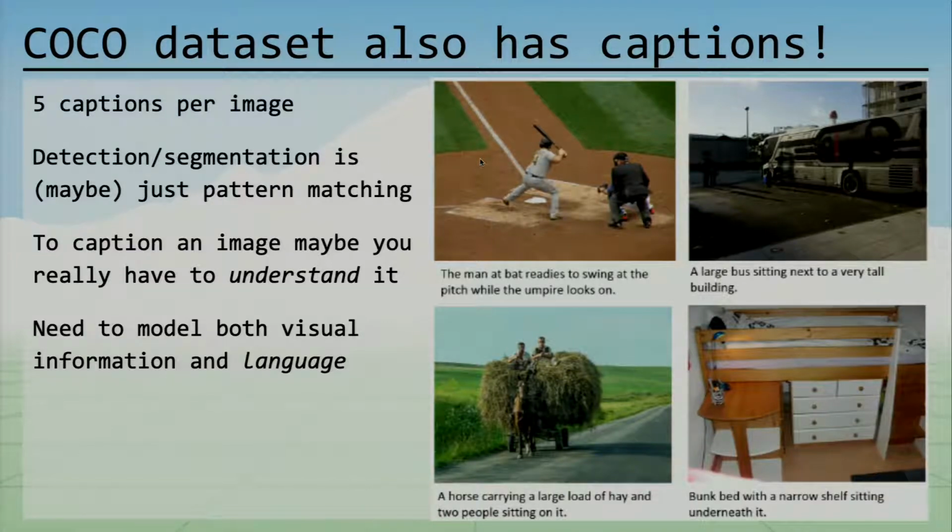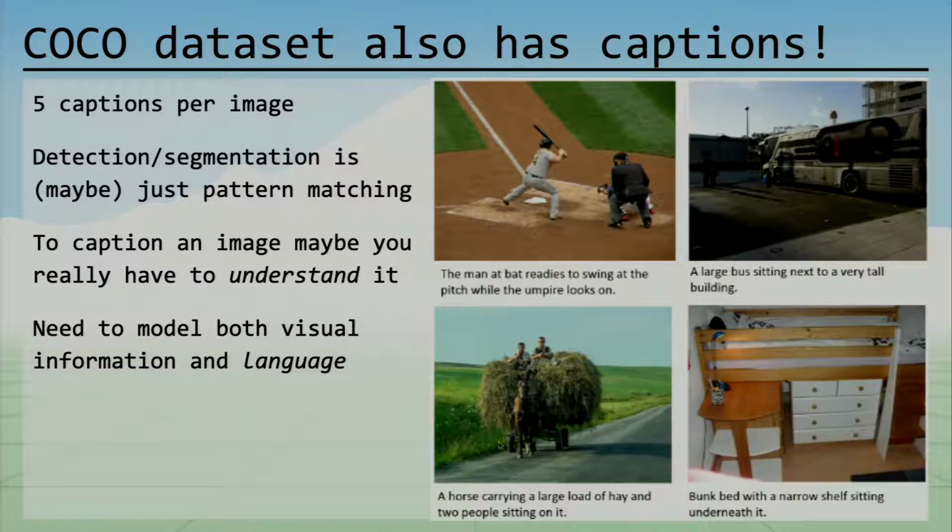But to actually generate coherent captions for an image, you have to really understand what's going on in the image to come up with the right caption, right? So you might see that there's a horse and there's some people in this image, but to generate a coherent caption, you have to understand that these people are using this horse to move some hay around, and they're sitting on top of the hay.